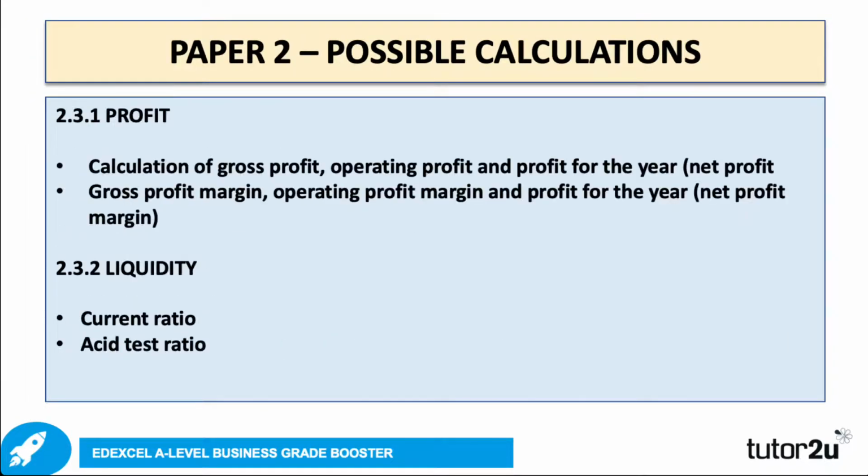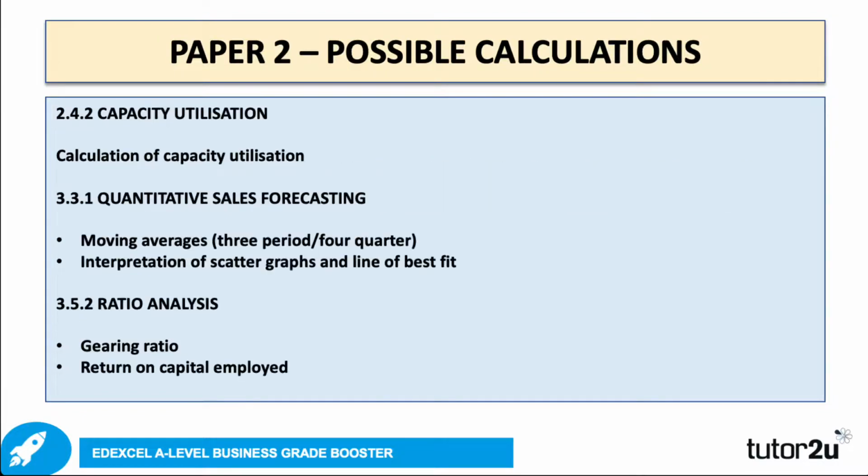So this is what is in quantitative sales forecasting: moving averages, 3-period, 4-quarter, interpretation of scatter graphs and line of best fit. That's what we have looked at generally today.